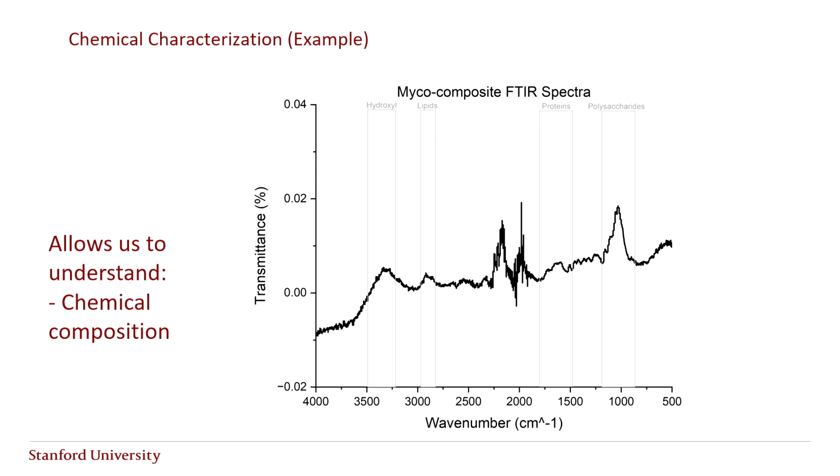So you're able to connect the peaks that you see with the actual biomolecules within the mycogel, or in this case, within a mycocomposite. And this is just confirming that what we see is actually the material that we want to produce. So chemical characterization is a good first step of categorizing exactly what your material is.